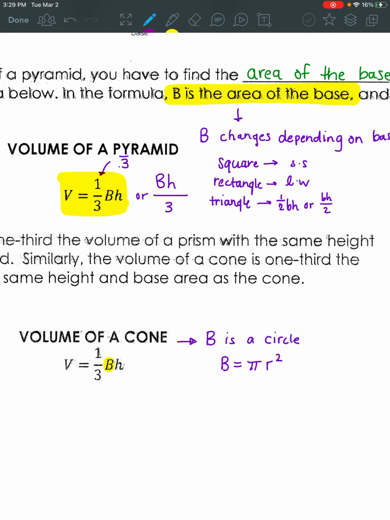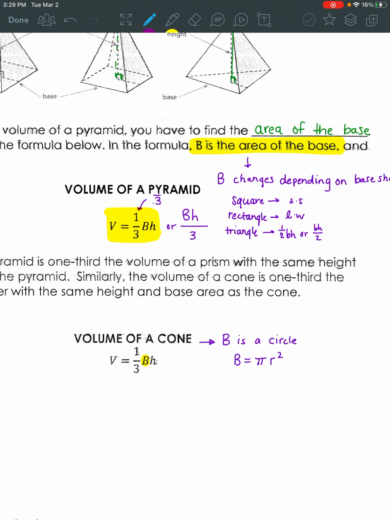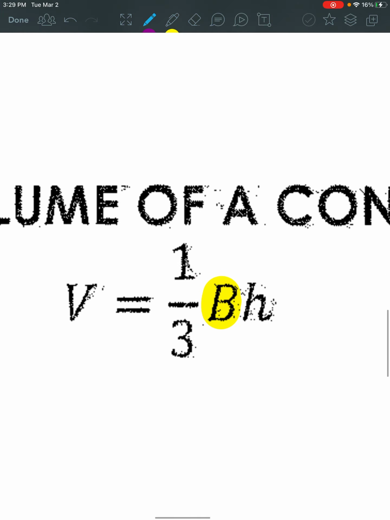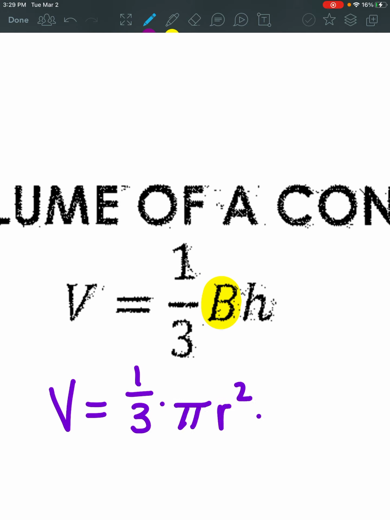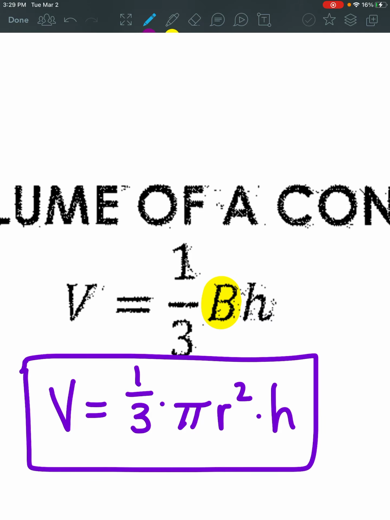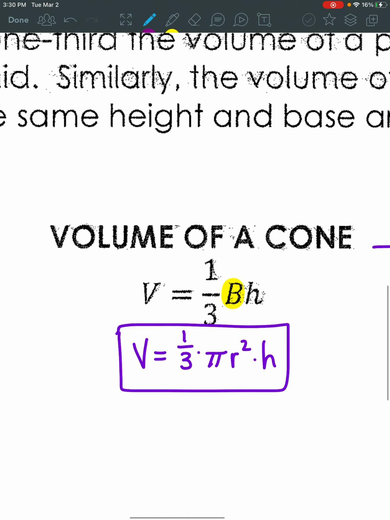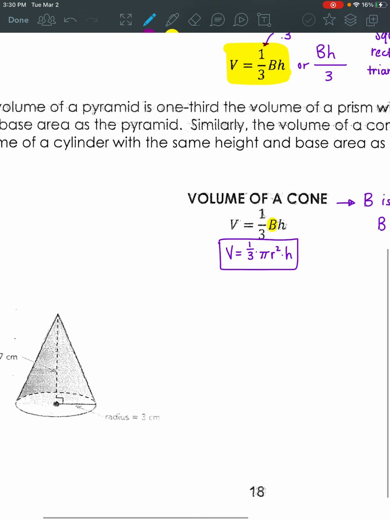That capital B always changes, so make sure you look at what the base shape is. Actually, this volume of a cone is always going to stay the same: 1/3 times pi r squared times h, because for the cone the base shape doesn't change. A pyramid could change, okay?